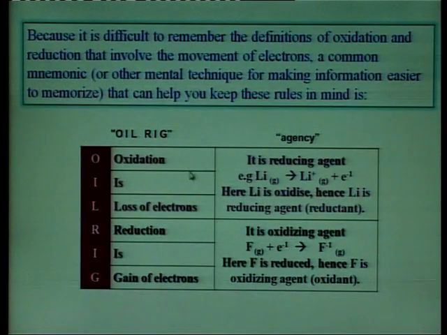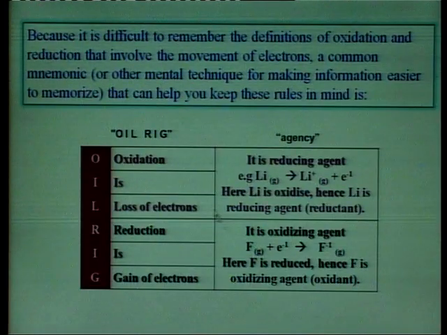Suppose you take a species, as in the previous example gaseous atomic lithium. It is a reducing agent. Why? Because it itself gets oxidized by loss of electron. Here lithium is oxidized, hence lithium is a reducing agent, or simply called a reductant.